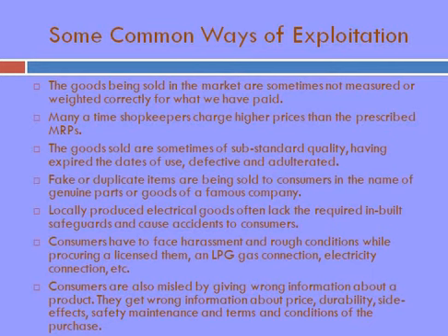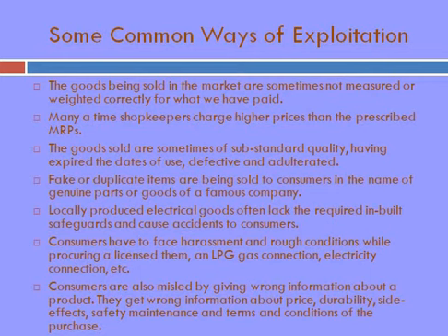Some common ways of exploitation. The goods being sold in the market are sometimes not measured or weighed correctly for what we have paid. Many a time shopkeepers charge higher prices than the prescribed MRPs. The goods sold are sometimes of substandard quality, having expired dates of use, defective and adulterated.